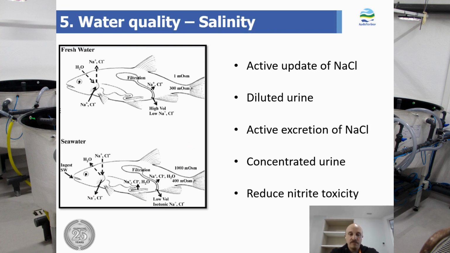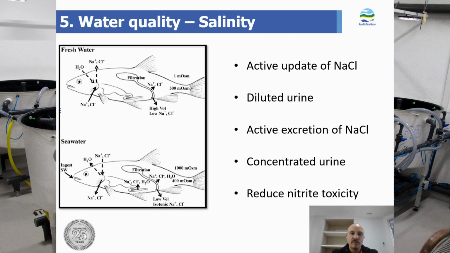Salinity. Now, salinity is a very important parameter, but is also quite straightforward. We know that there are species that are tolerant to fresh water, species that are tolerant to seawater, but we also have species which are tolerant to a range of salinities.